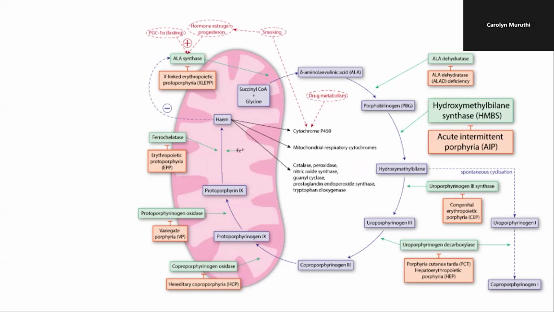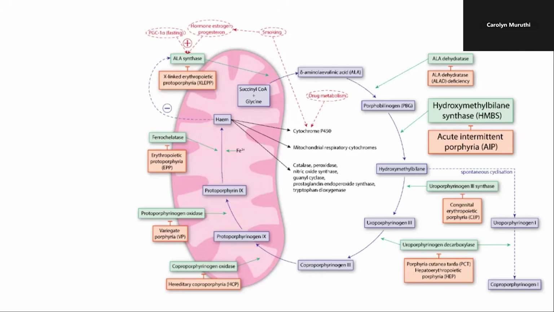Now, it is important to note that if the defects are found in the liver, the patient will tend to have abdominal pain and neurological symptoms. On the other hand, if the defect is found in the bone marrow, the patient will present with symptoms of sun sensitivity, skin blistering, and red urine, but they will not have neurological signs.